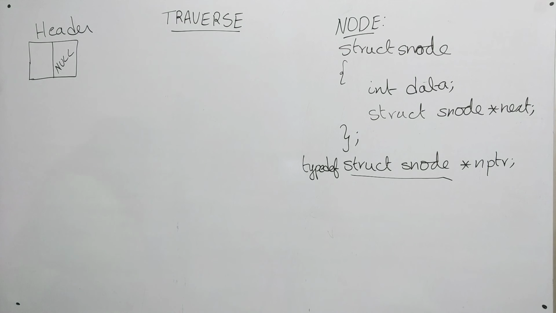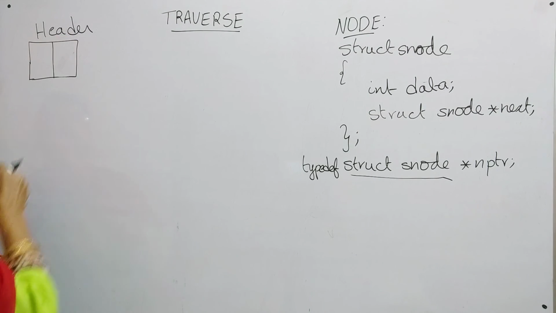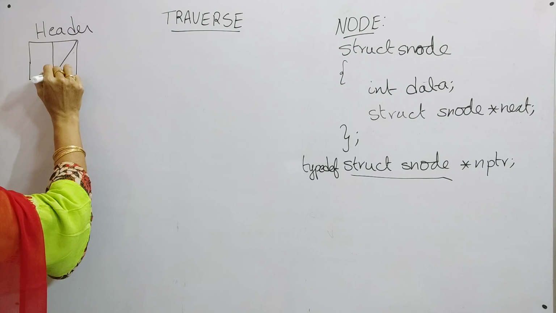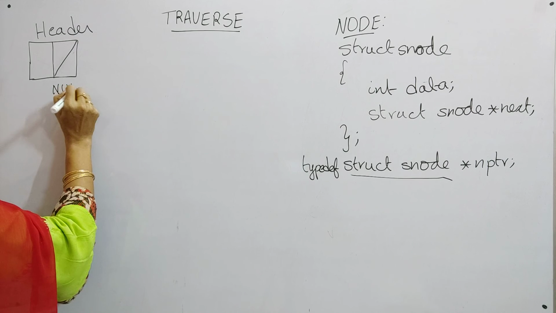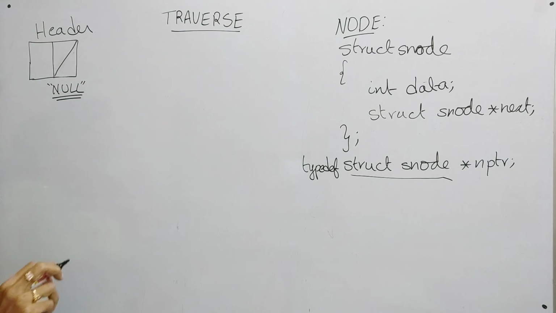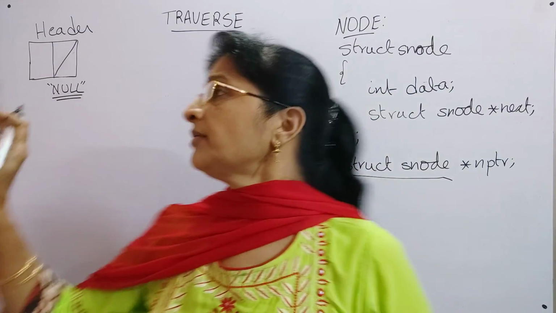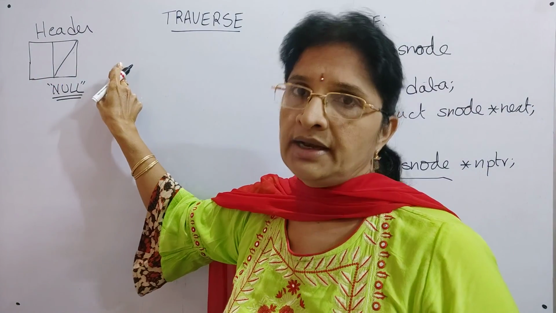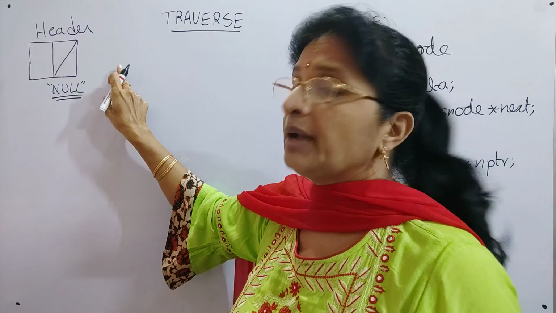It can be represented either as null or just specified like this. That means the header node next points to null. If the list does not contain any node, then the header node next is null. So it indicates that it is an empty list.